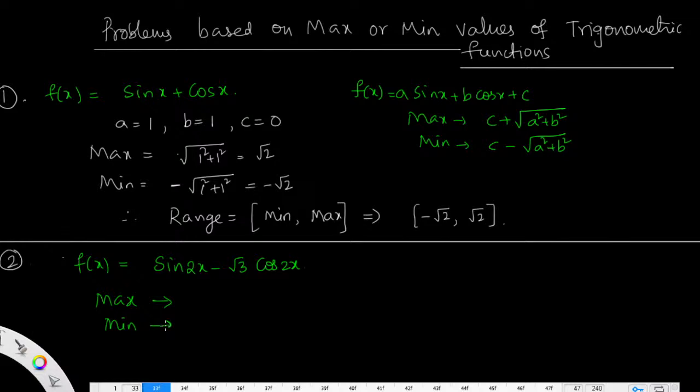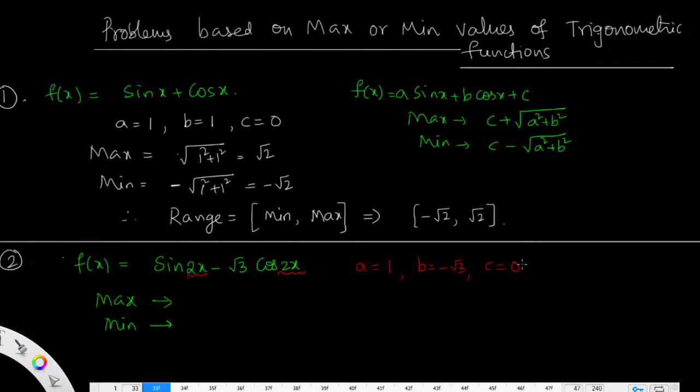First you can observe the function is a sin x plus b cos x only. But here the angles are also the same, 2x, the angles are the same. Now let us treat a equal to 1, b equal to minus root 3 and c equal to 0. Okay, give the response.